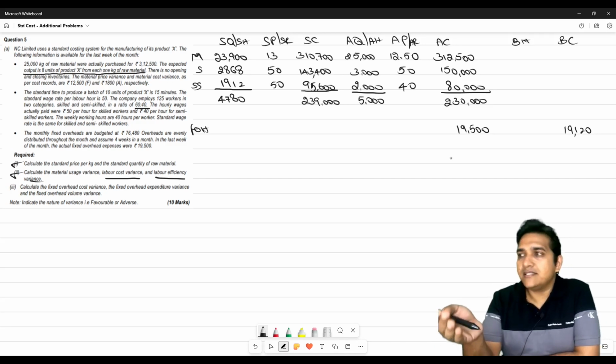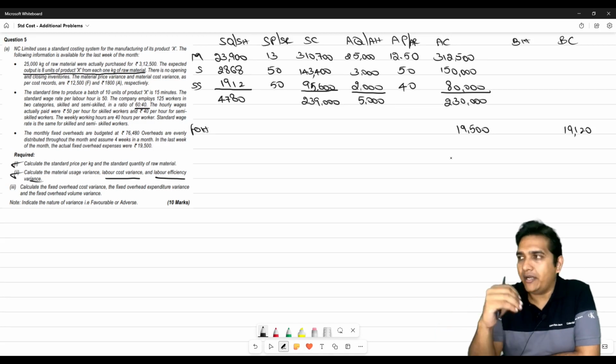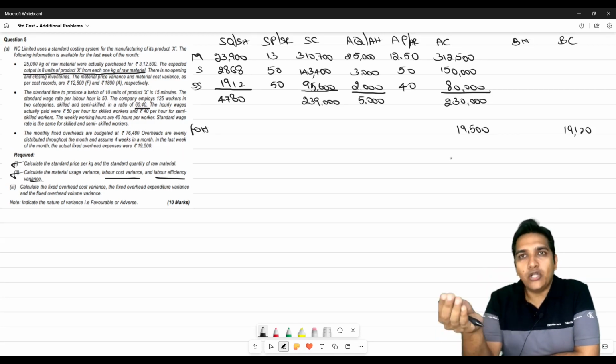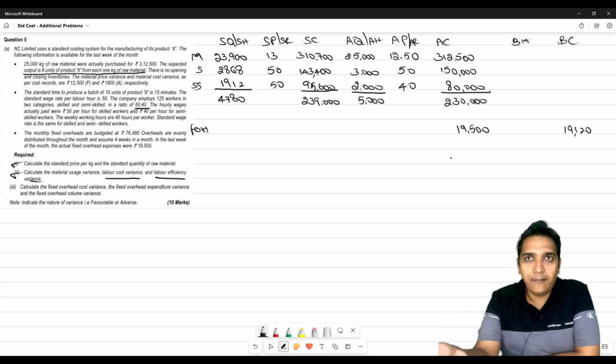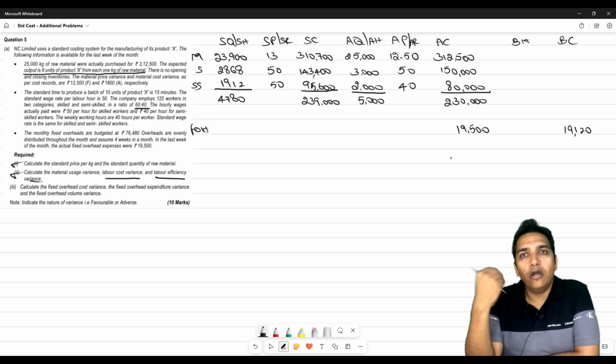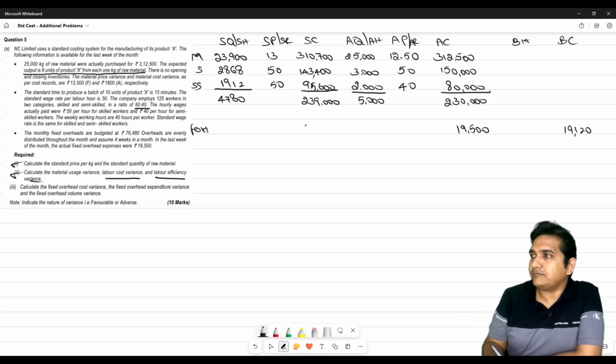So in this case, we will go with the number of hours, and we will use the labor hours which we have computed already. If the question is not clear whether you have to use the labor hours or the material quantity for overheads, always go with the hours. Right? So my standard hours comes to 4780 and my actual hours also will come to 5000.